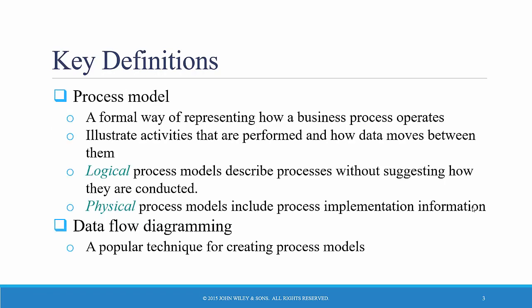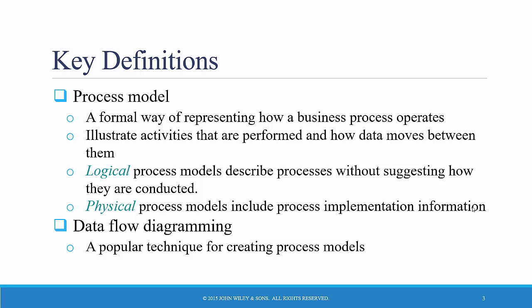You see on this chart a distinction between logical process models and physical process models. We're not going to be concerned with the physical process models. Physical process models are more important in the design phase, and they have to reckon with the type of languages that the systems are coded on, the hardware suite, the operating system, the network infrastructure, those sorts of physical requirements.